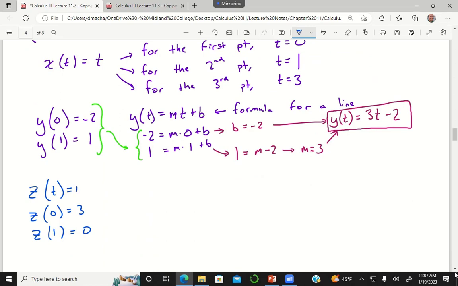Also, again, I need this z function to be linear. It needs to be a linear function of my parameter t. And so I'm going to write mt plus b. And now we just have the same sort of situation where I have to figure out what is my m slope and what is this b constant.